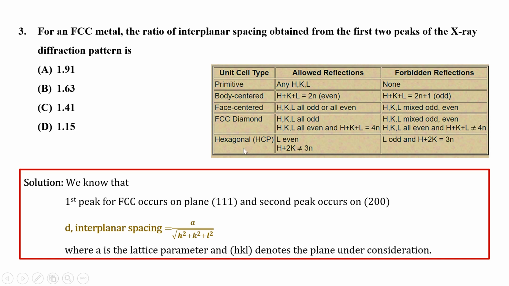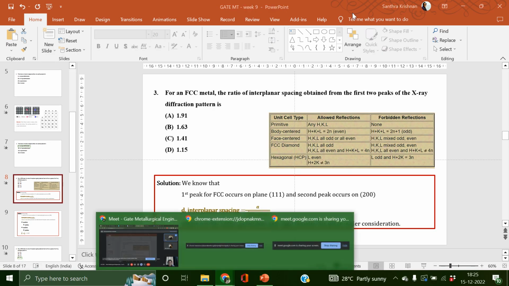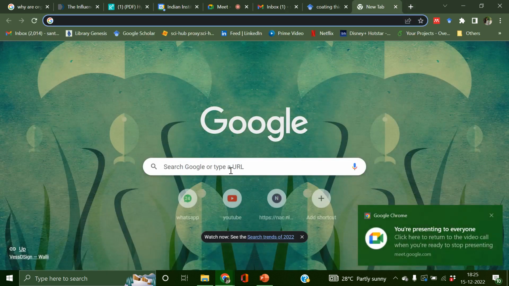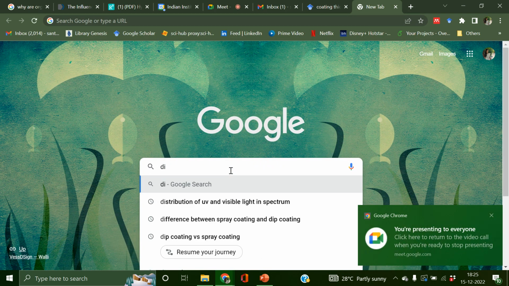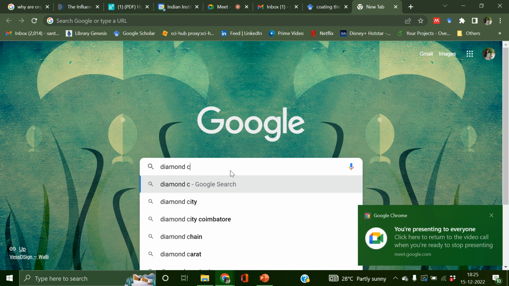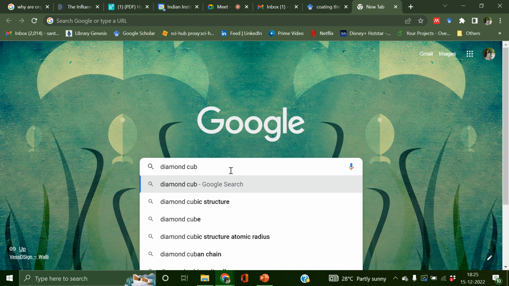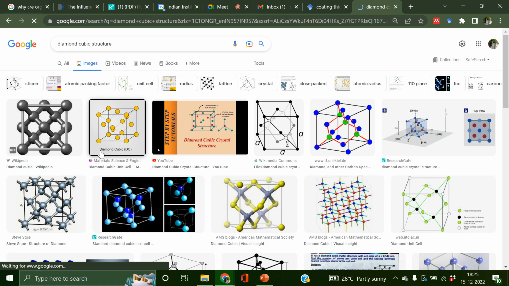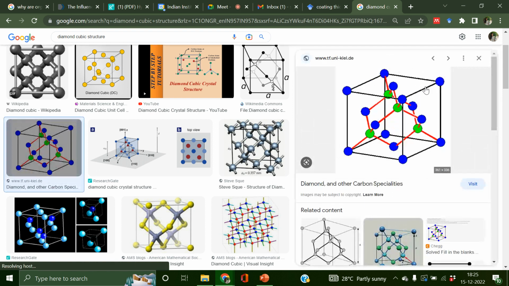I'll show you how a diamond cubic unit cell looks in Google. So this will be the diamond cubic structure if you see. It's basically an FCC itself, but inside there will be four additional atoms. That is why it's called FCC diamond cubic structure. Is it clear?